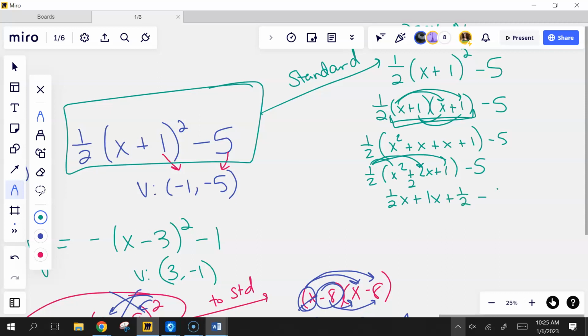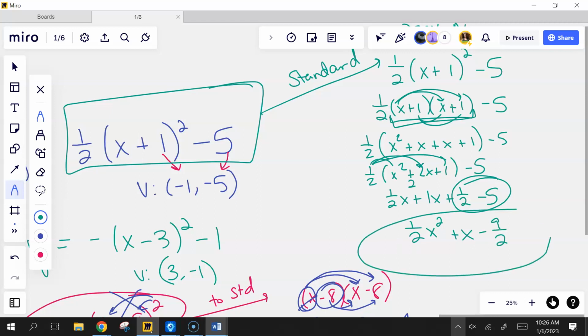A half, right? Minus 5. Combine those two, and I'm probably going to take out my calculator if I'm not good with this and go 1/2 minus 5. Math, enter. Negative 9 over 2.